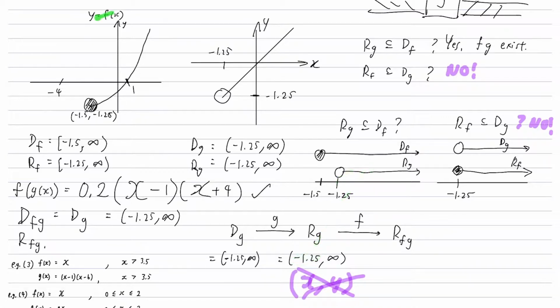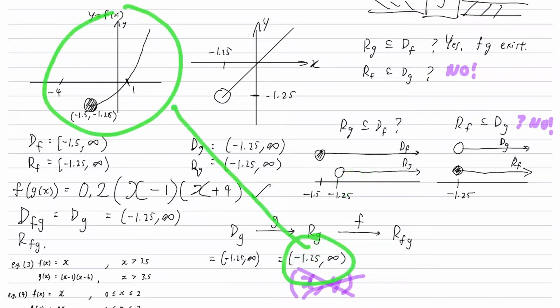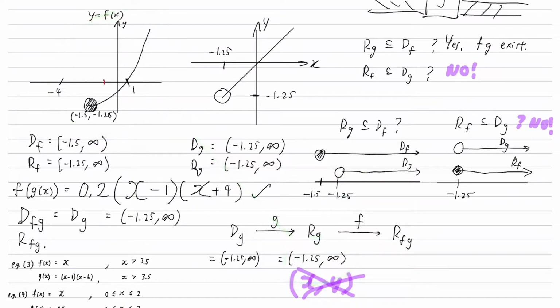So let's look at the graph now. How do we represent that? Negative 1.25 comma infinity is actually from here. This is negative 1.5, so negative 1.25 is actually a larger value. It's over there. Can you see? Then we are considering from that value, empty circle. Why empty circle? Because round bracket.